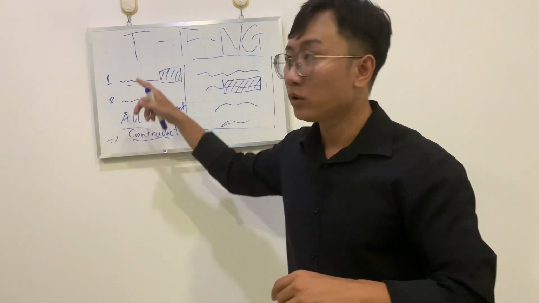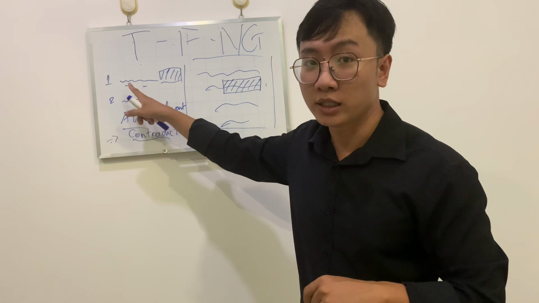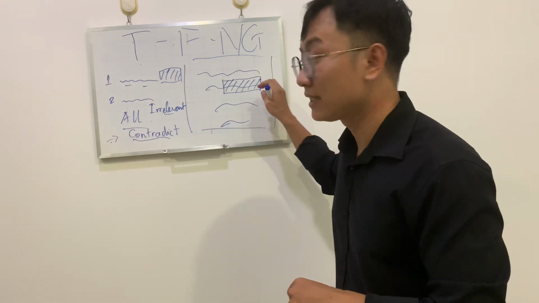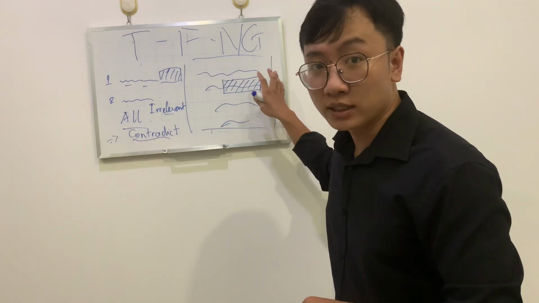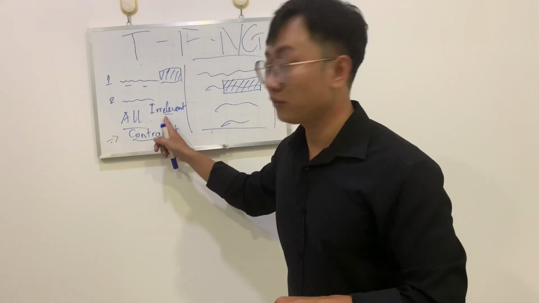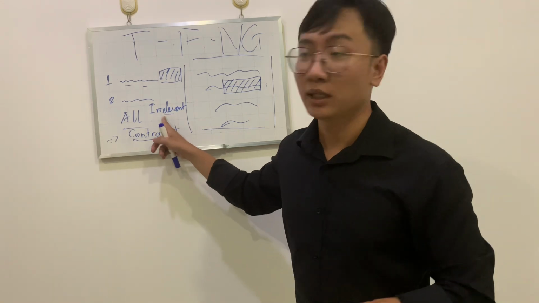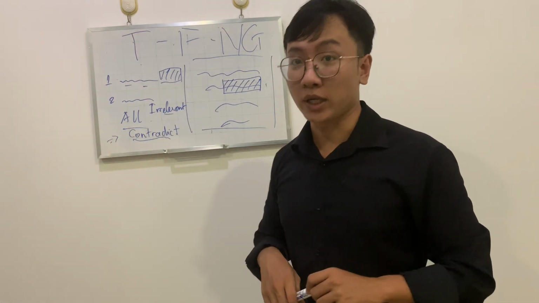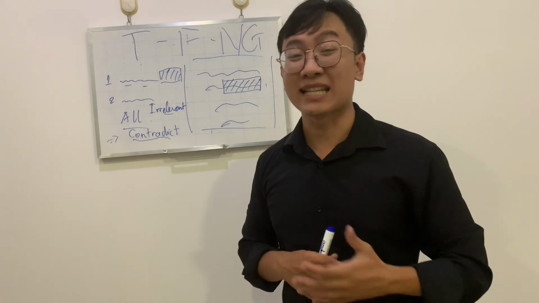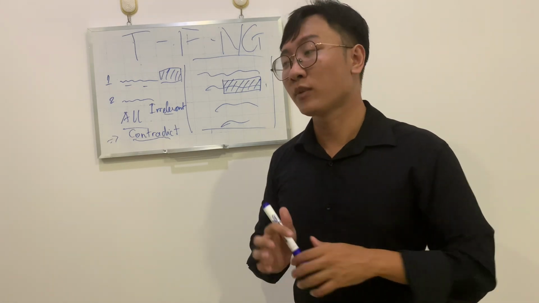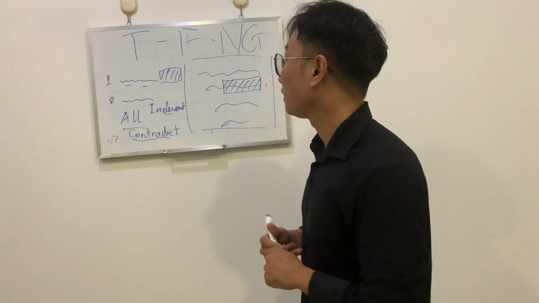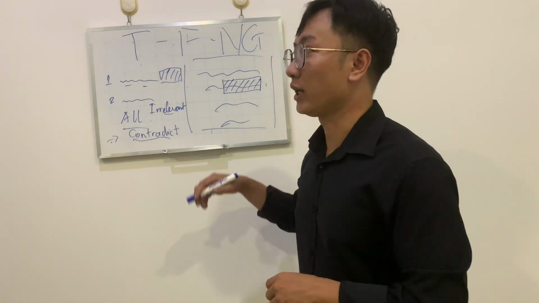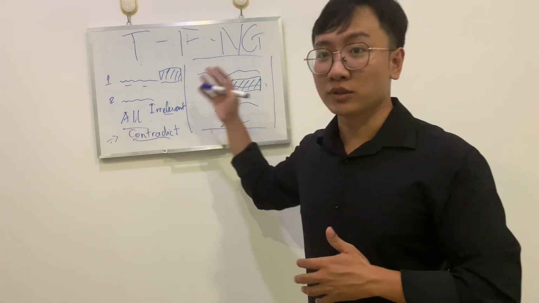It will be false if the information in the question contradicts the information in the text. If it is irrelevant, then it's not given. Now we will do some examples so that you guys know what it looks like when you try to tackle this type of question.